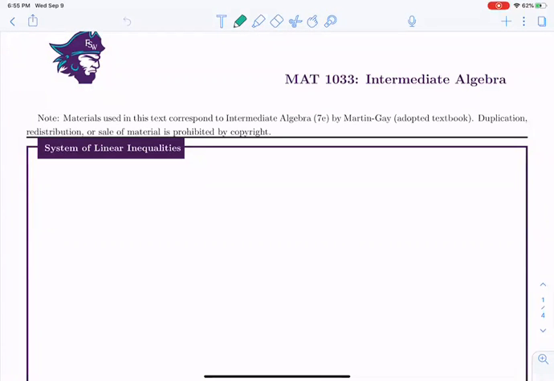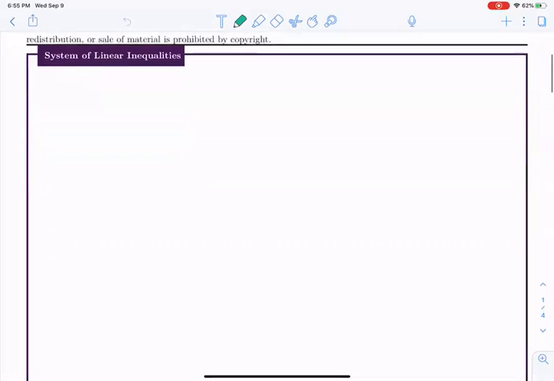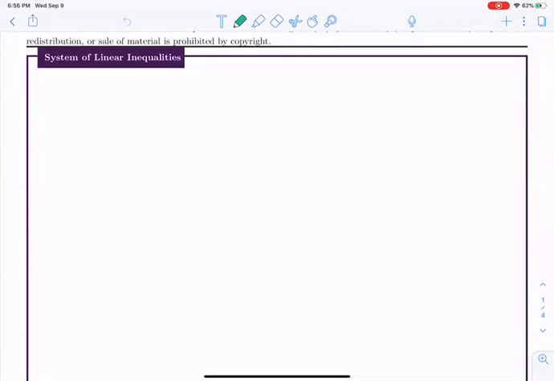Okay, so what does a system of linear inequalities mean? Well, obviously, it has to have an inequality or linear inequality in it.